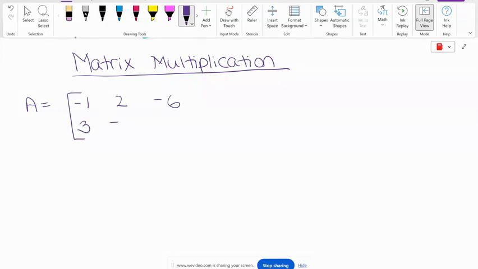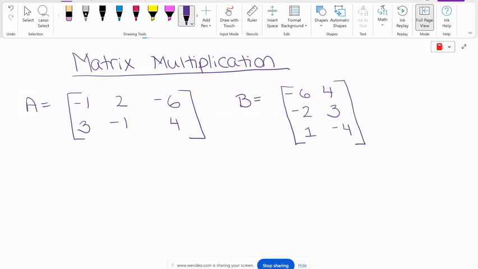Second row is 3, negative 1, 4. And my matrix B, first row is negative 6, 4. Second row is negative 2, 3. And third row is 1, negative 4. And I want us to multiply A times B on the calculator.